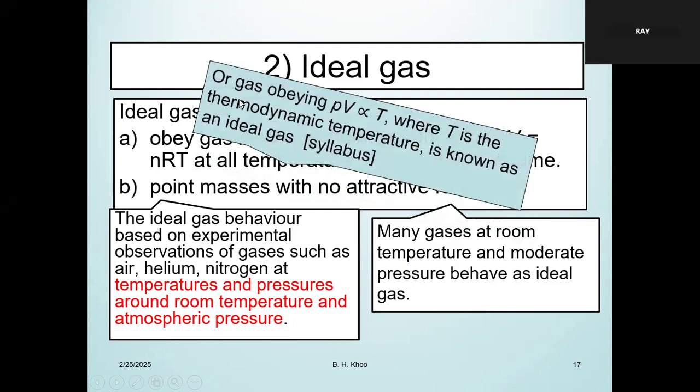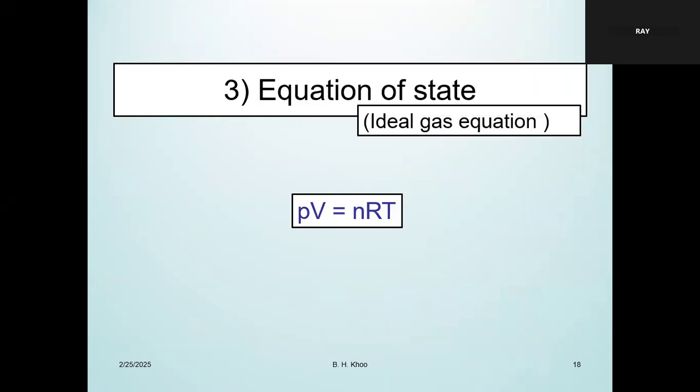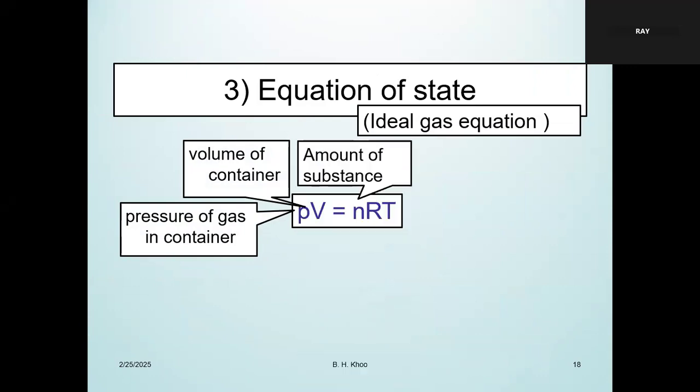Okay, so that is the definition, whichever you prefer. A gas obeying PV proportional to T, where T is the thermodynamic temperature, is known as ideal gas. This is from the syllabus. Either one, either from marking scheme or from your syllabus. Memorize this formula. Ideal gas is called ideal gas equation or equation of state. P is pressure of gas in container. V is volume of container.